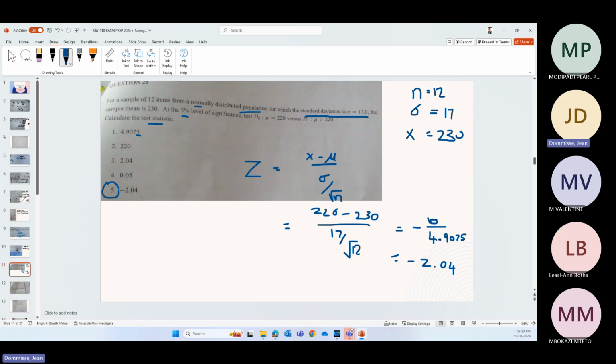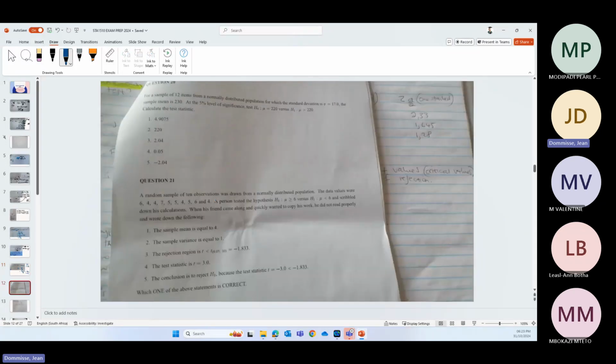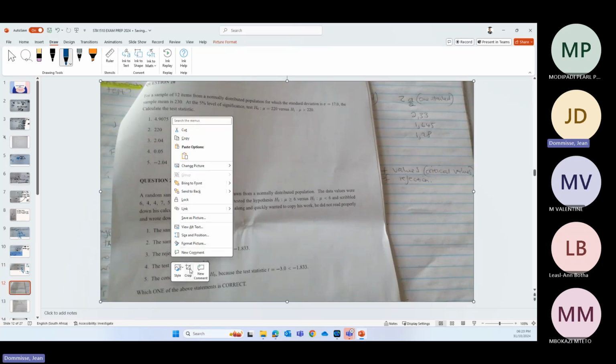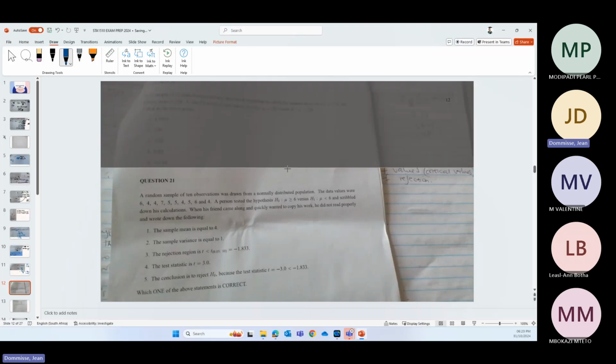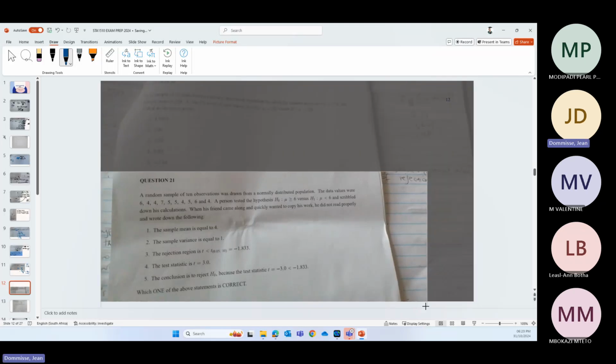So if we look at the answers, the only negative one is option 5. But then if we work it out, we can also see it is 0,204. Okay, so that is again Z, but this is with hypothesis testing. So this was study unit, was it 9? Okay, so let's do question 21, so that we can also just make sure that we cover that.